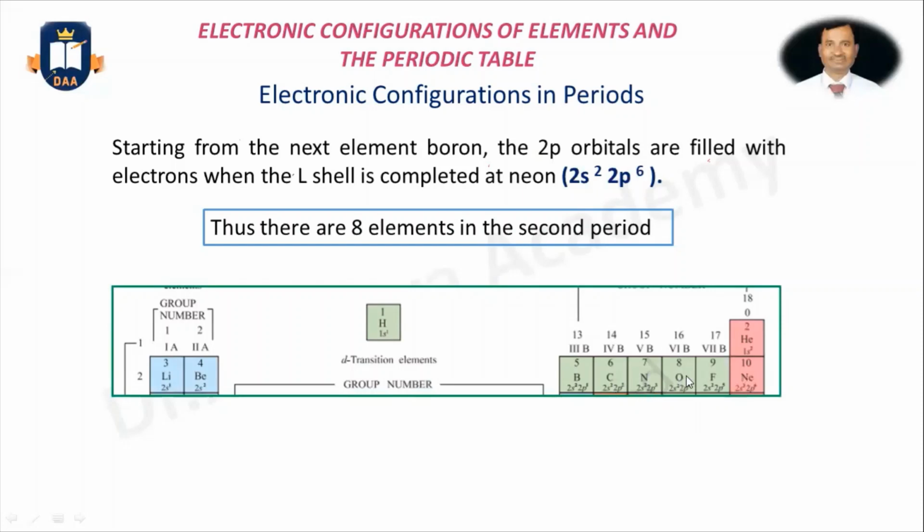And for oxygen, whose atomic number is 8, the outer shell configuration is 2s2, 2p4. And the fluorine atom has electronic configuration 2s2, 2p5. And finally, as I told, for neon the outer shell configuration is 2s2, 2p6.